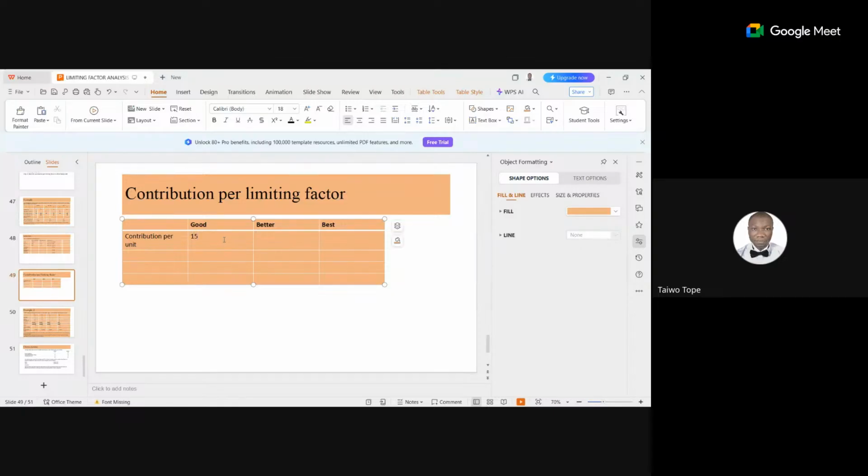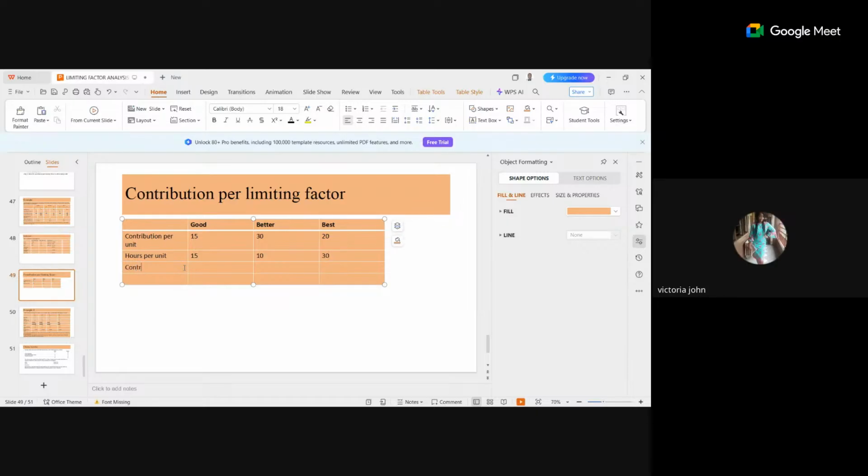And for better is 30, and for best is 20. Now, for you to produce 1 unit of good, how many hours do you need? 15 hours per unit. And for better, 10. For best, 30.